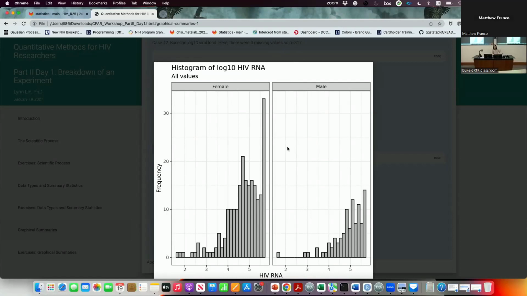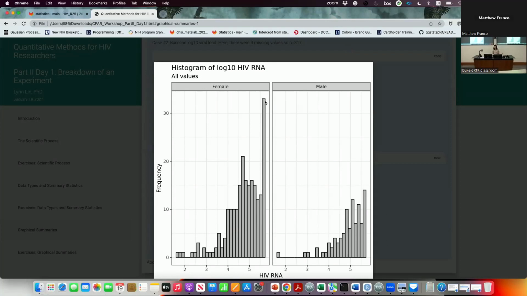Okay, so now since the histograms are already generated for female and male, what do you think of these two histograms? Are they the same? Are they different? If different, how are they different? They're different in that females seem to carry or harbor more HIV RNA. You are saying about this one, right?